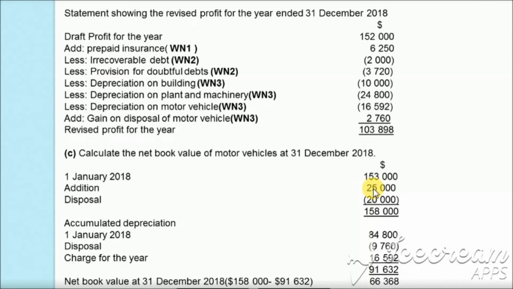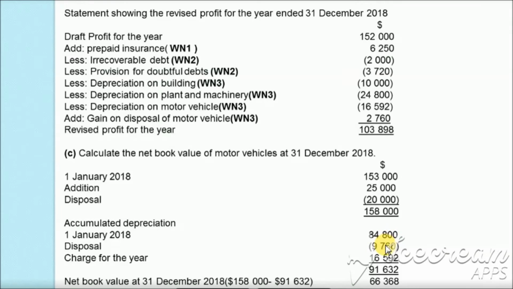$153,000. To this, we are going to add the motor vehicle which was purchased on 28 December 2018, and we are going to subtract the motor vehicle which was disposed as a part exchange as $20,000, and we get the total cost value of motor vehicle on 31st December 2018 as $158,000, and the accumulated depreciation was given on 1st January 2018 as $84,800.